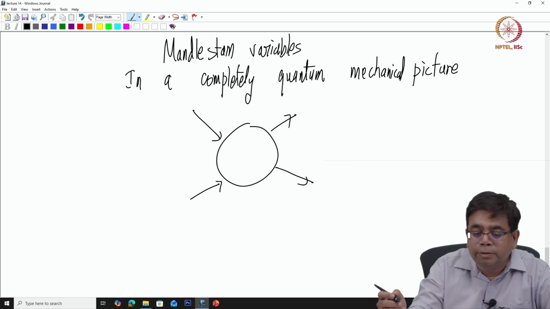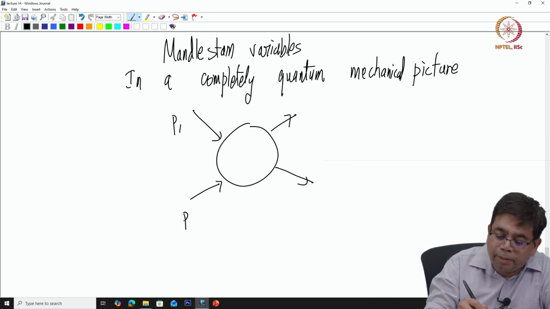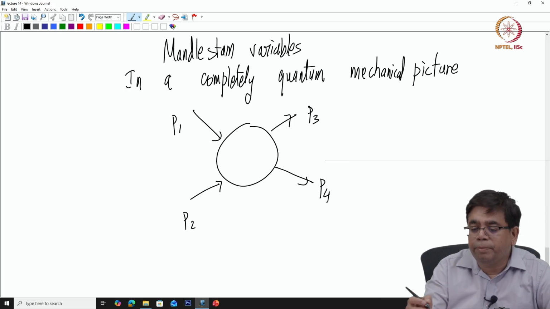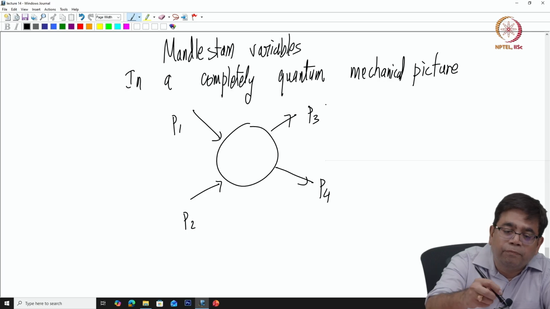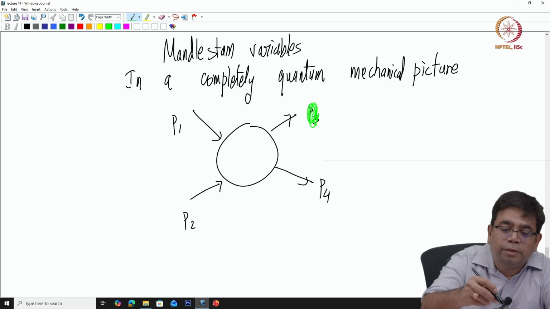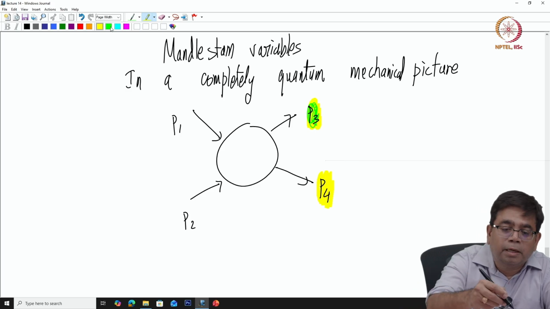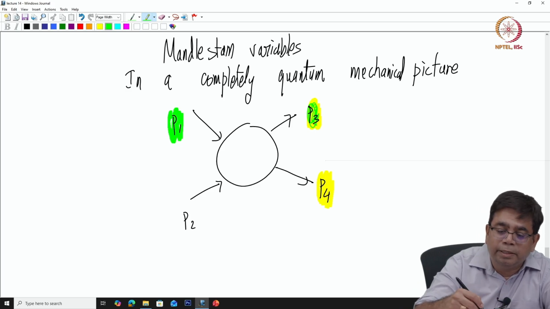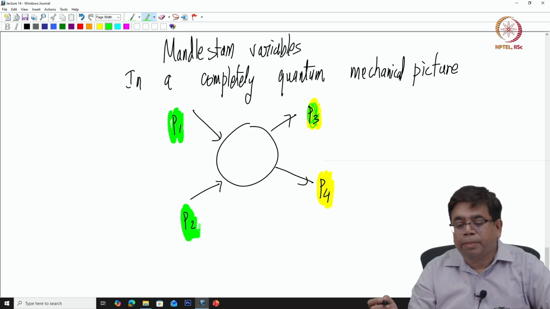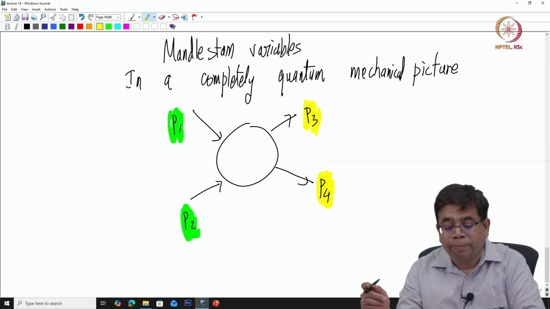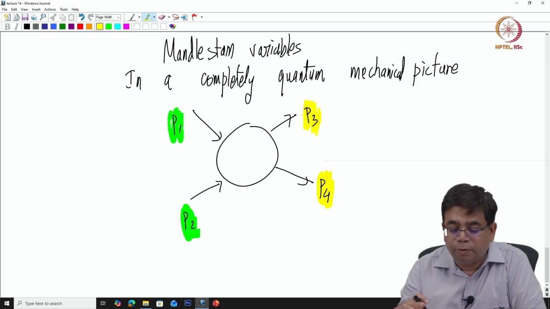Each one comes with a momentum P1, P2, and the outgoing ones go with a momentum P3, P4. These are the final states. Let me call this the dark ones. These are your final states and these are your initial states. So the green ones are incoming states and the yellow ones are your outgoing states.